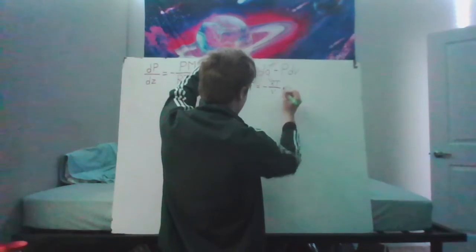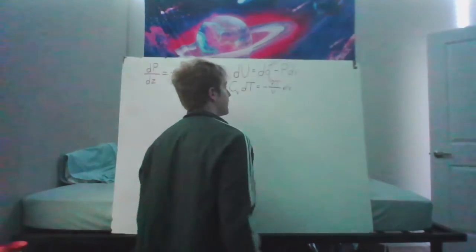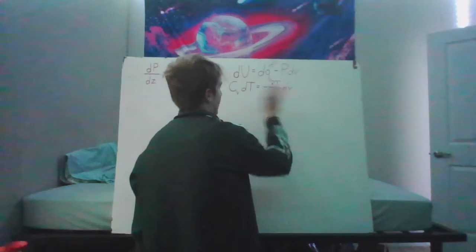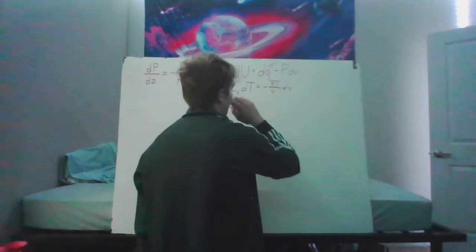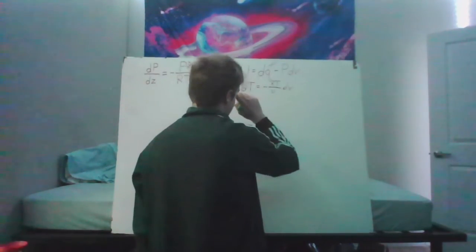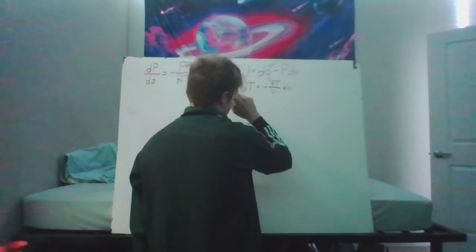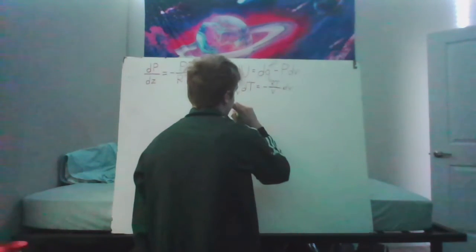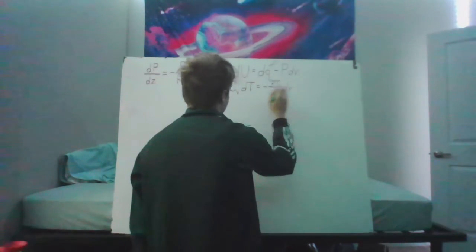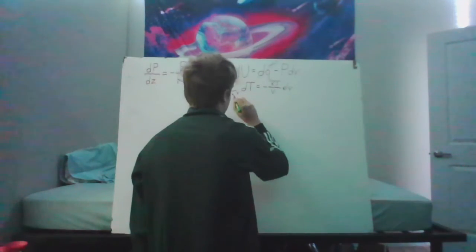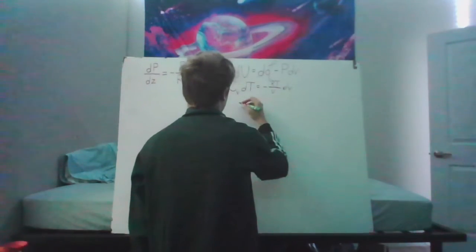And then now, since we have a separable differential equation, I'm going to get all the T's and V's on the same side. So first thing I'm going to do is divide this T over to this side and divide CV over to here.